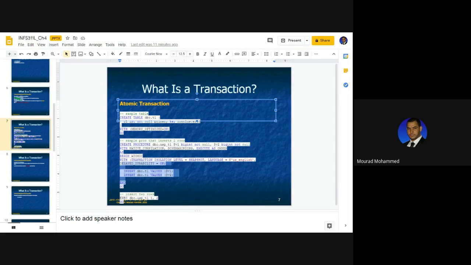This context of executing the content without interruptions would happen because of the isolation property.